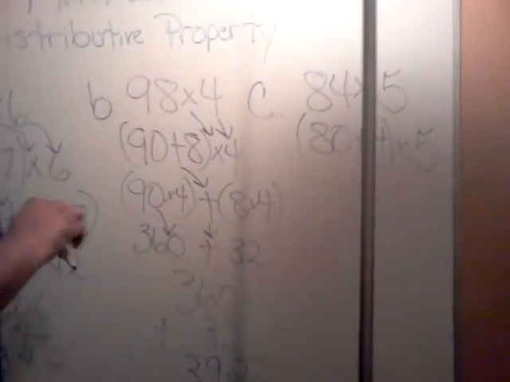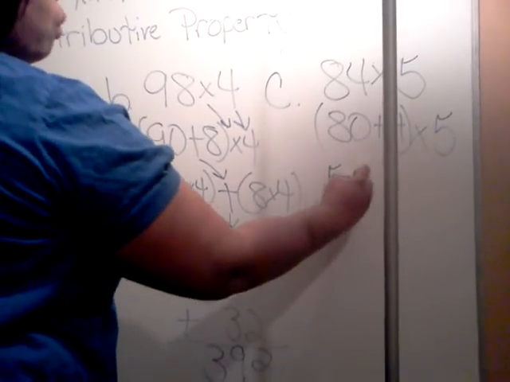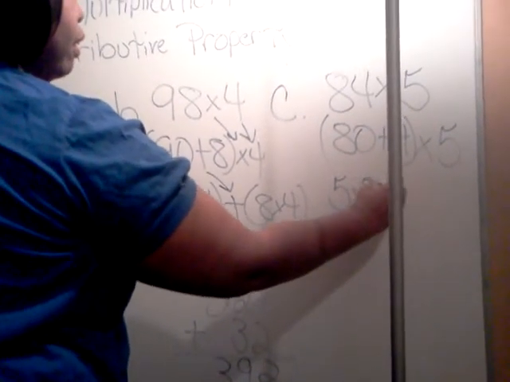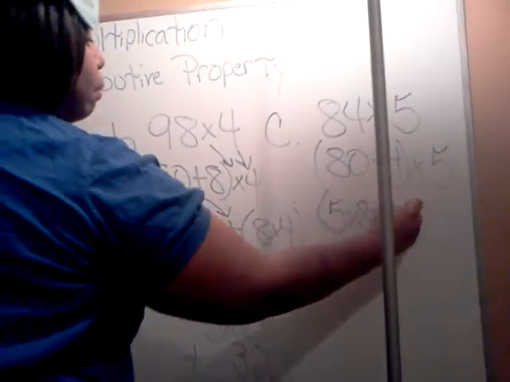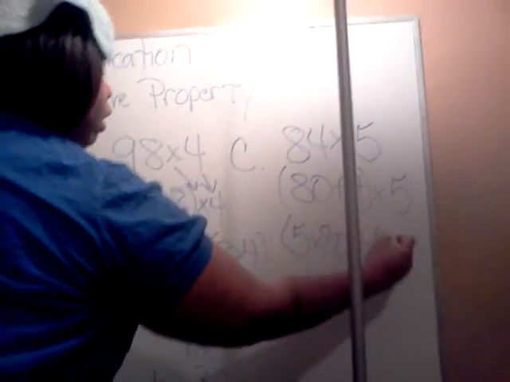Next I'm going to distribute the one-digit number. So I'm going to multiply the 5 times both numbers inside parentheses. So we're going to have 5 times 80, or 80 times 5, doesn't matter, plus, bring down the plus sign, 5 times 4.